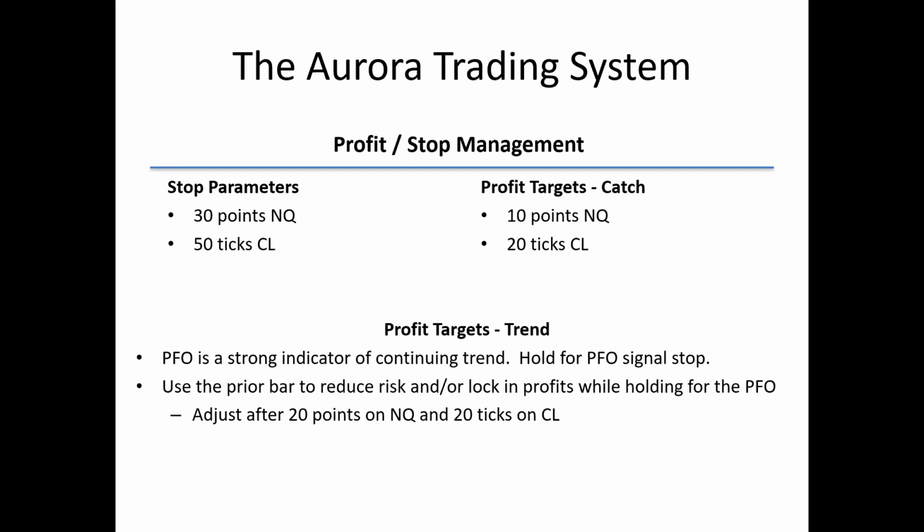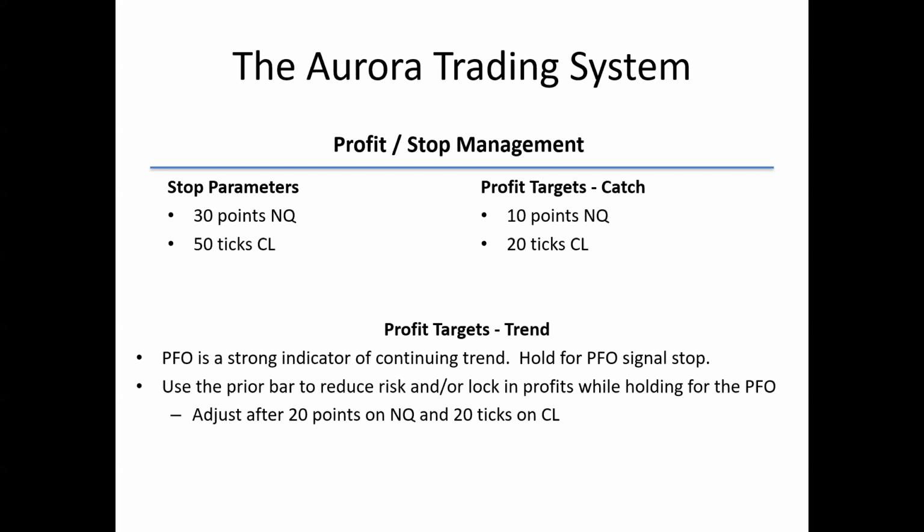We still will be using the method that we taught you about the prior bar. So it could be the prior 5-minute bar, it could be the prior 10-minute bar, whatever time frame you're trading. Or if you're trading a 10-minute chart, you could use the prior 5-minute bar as a way to lock in profit.